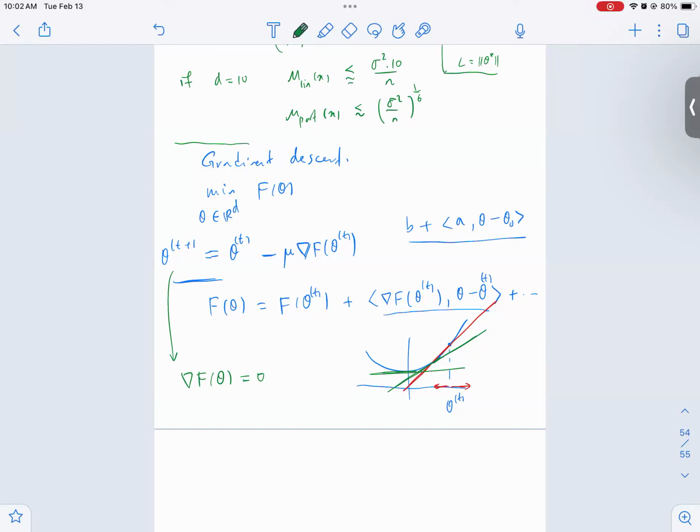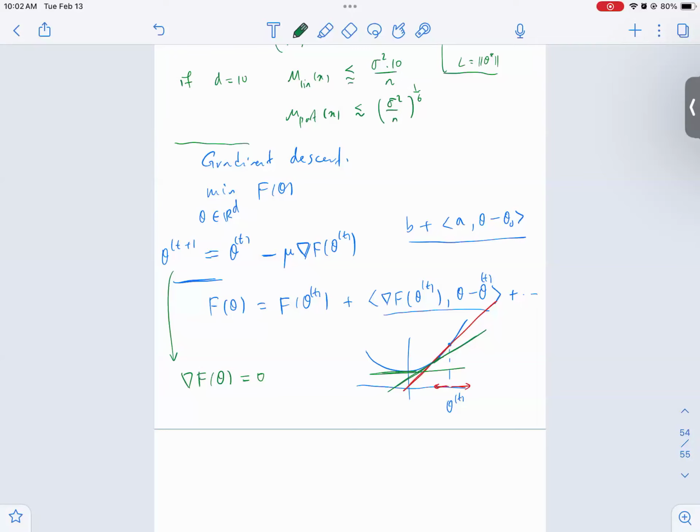If this converges, theta t is going to be equal to theta t plus 1, so these go away, and you get the gradient of f of theta equal to 0. That's a general approach to solving first-order optimization problems. Does that make sense?